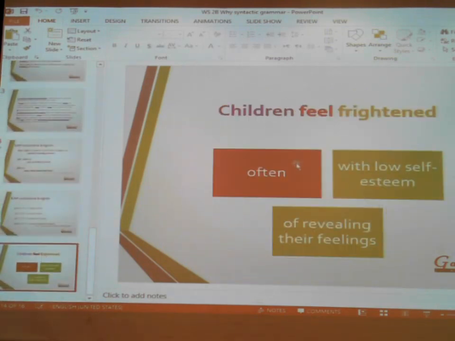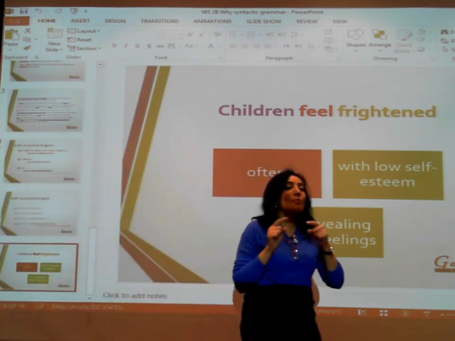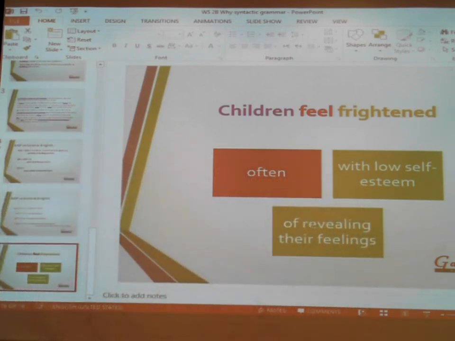That's why some of the drills and some of the activities you will find on the website, you missed this part. I put a simple sentence. Children feel frightened. S V, right? C complement, right? It's an adjective, right? And I add things to enable his mind to identify a far more complex sentence. We're gonna see that in a bit. Where can we put often? Where can we put with low self-esteem?